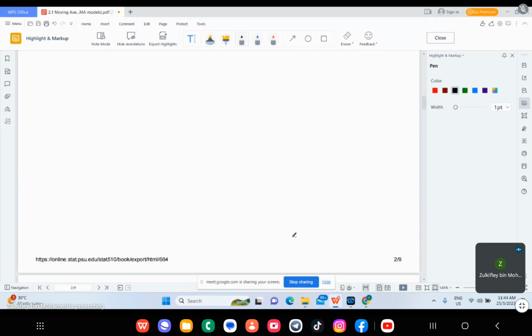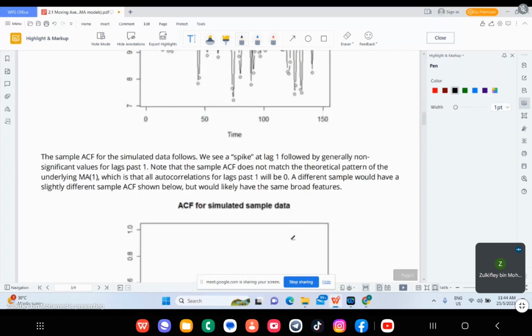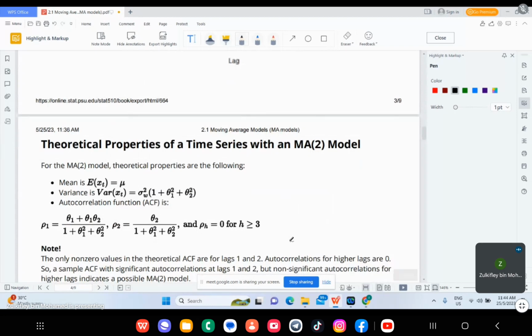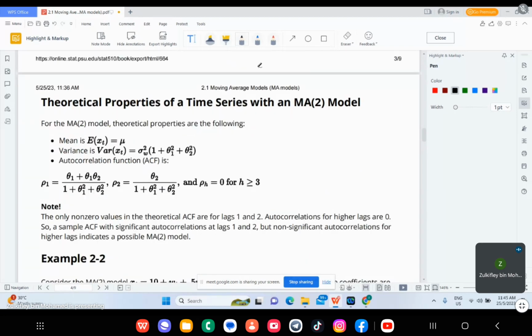Okay, let's say you have MA2. MA2 function is like this. So penulis ni menggunakan Xt equal to mu plus theta 1 Wt minus 1 plus theta 2 Wt minus 2 plus Wt.